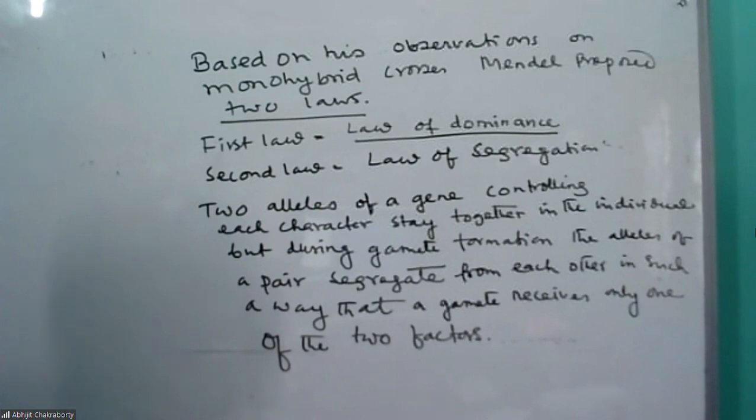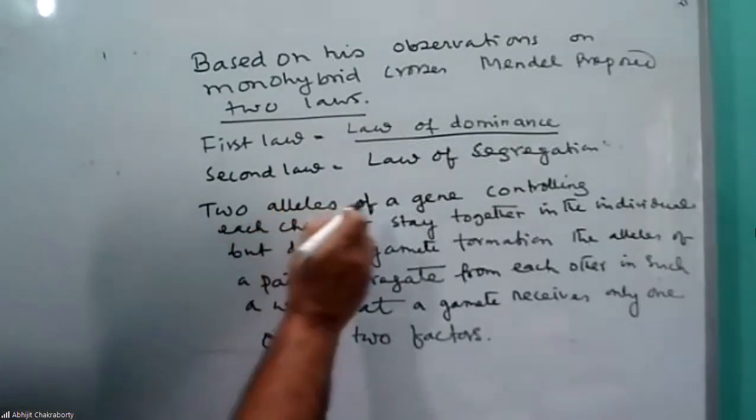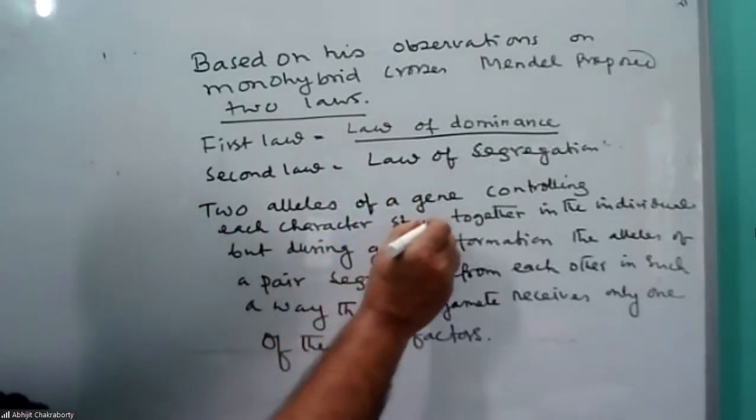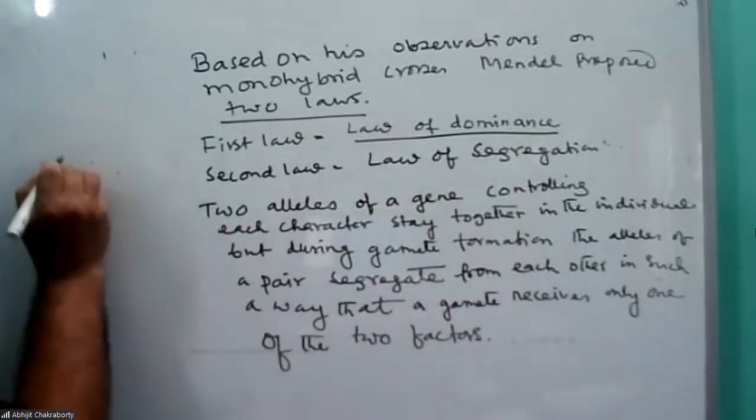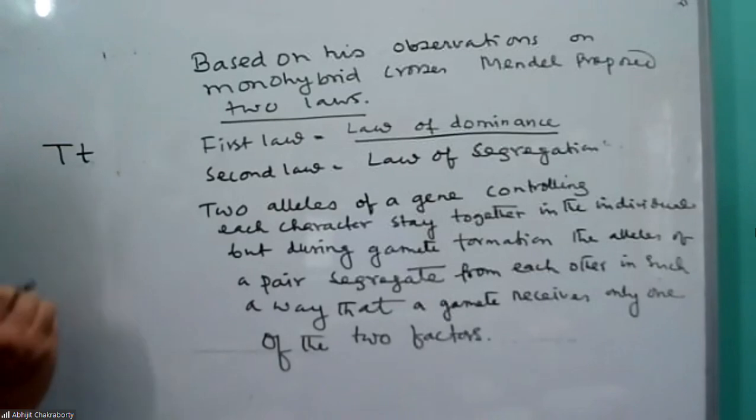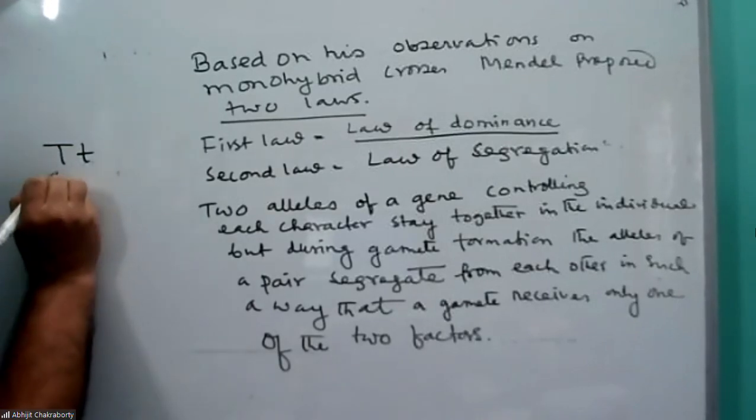Two alleles of a gene controlling each character stay together in the individual, but during gamete formation, the alleles of a pair segregate from each other in such a way that a gamete receives only one of the two factors. Here, take a tall pea plant.